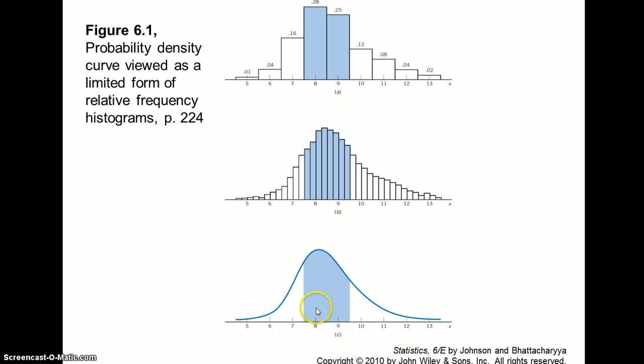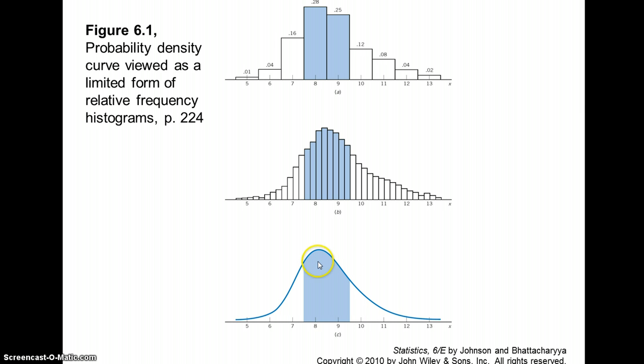And then similarly, if we want to find out the percentage of babies whose weight fall between 7.5 and 9.5, we can draw two vertical lines, and that covers all the numbers between them. So it's kind of like the area under this curve.